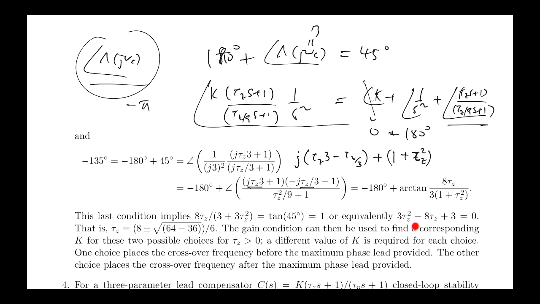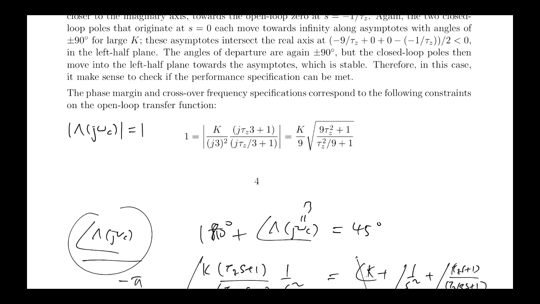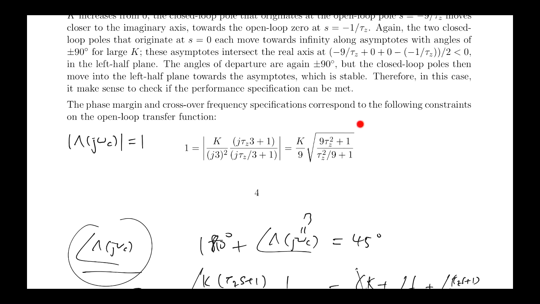So there are two possibilities for the location of the 0, all right? And then there will be two corresponding values of k that will satisfy this equation once we've fixed tau z, right? And if you think about what the lead compensator is doing, it's doing this with the phase, and one choice puts the phase there with the crossover frequency there, and the other choice puts it there.